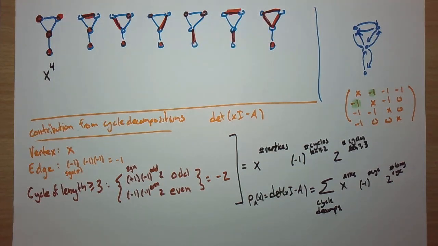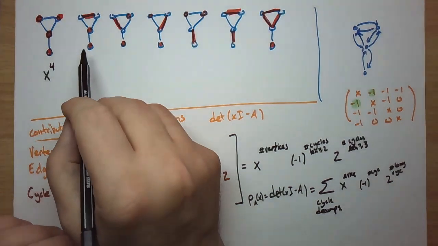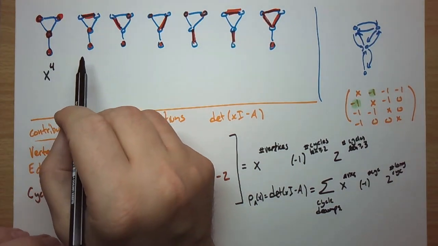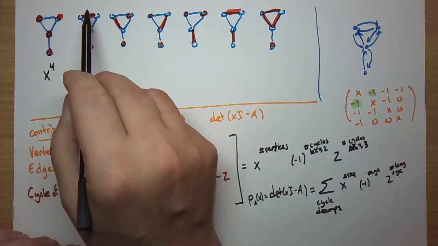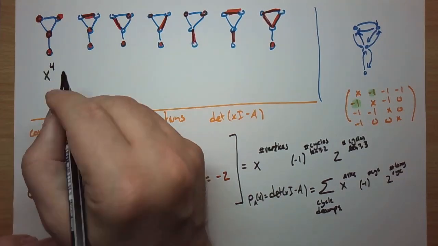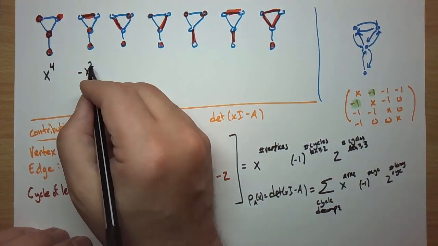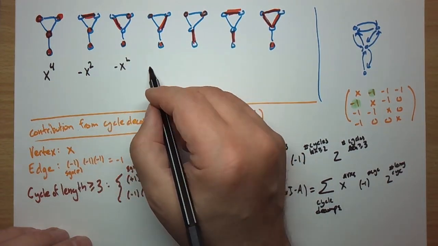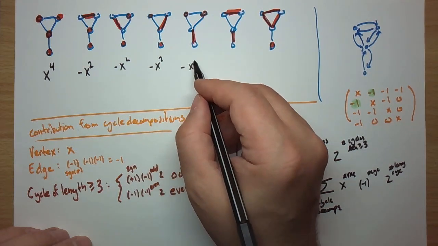They all have one cycle of length 2 and 2 cycles of length 1. So what does this first one contribute? Negative x squared, and these will contribute negative x squared for a while here.